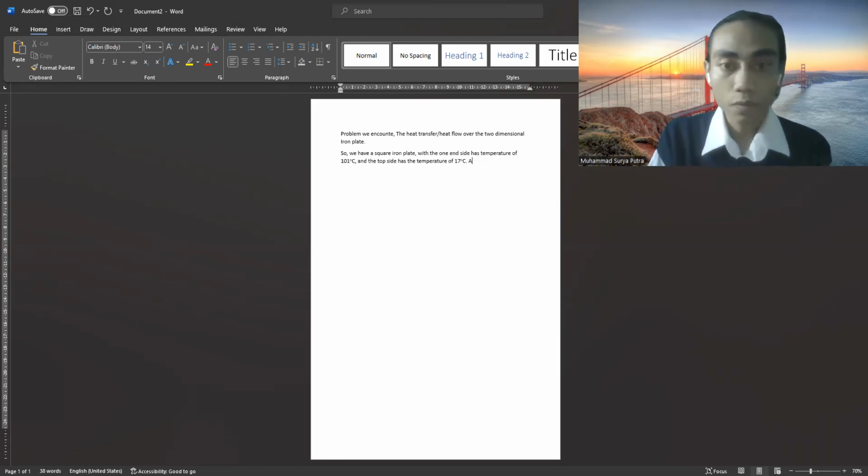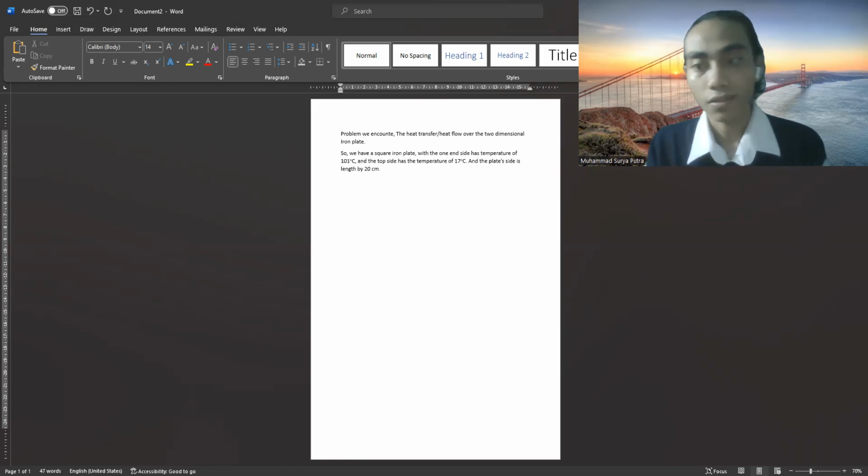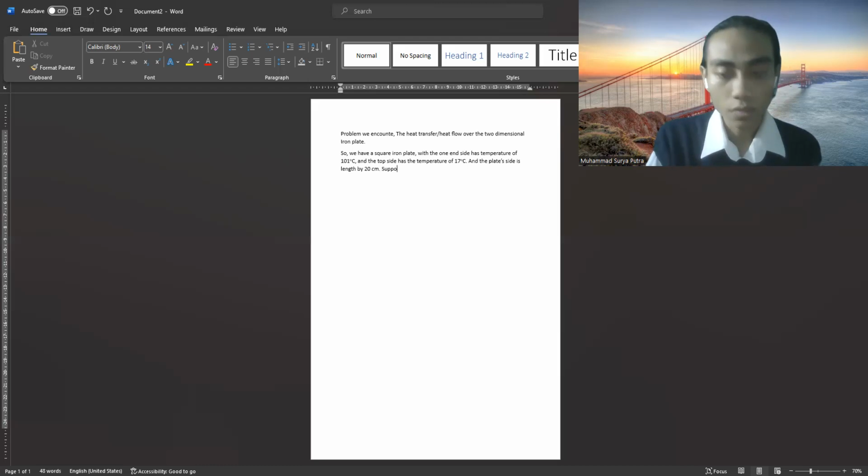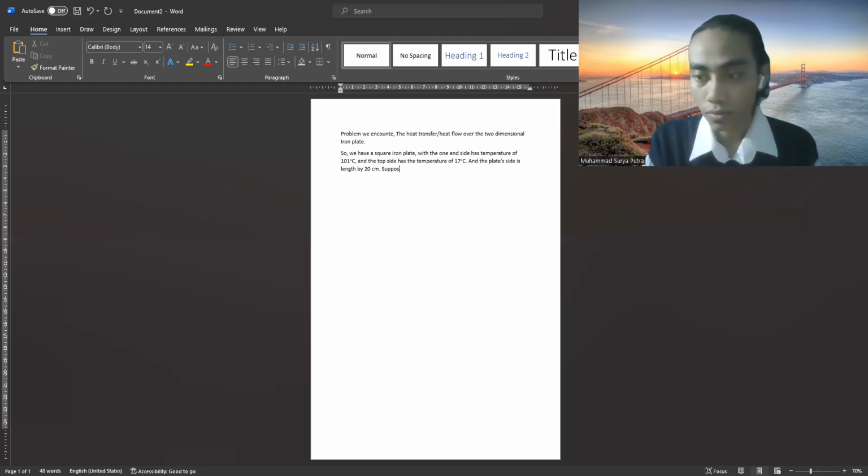And the plate side is 20 centimeters by 20 centimeters.